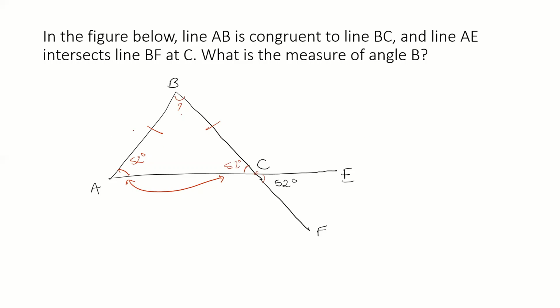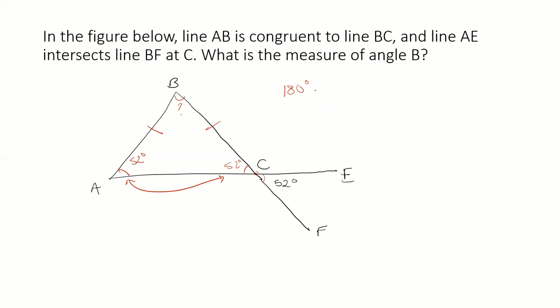And now, since we have to figure out what the angle of B is, we can just take the total degrees of a triangle, and every single triangle has its angles adding up to 180 degrees. That's just geometry. Squares have 360, triangles have 180.